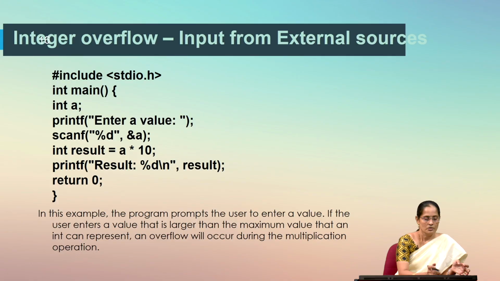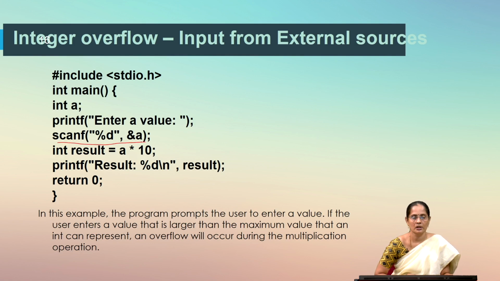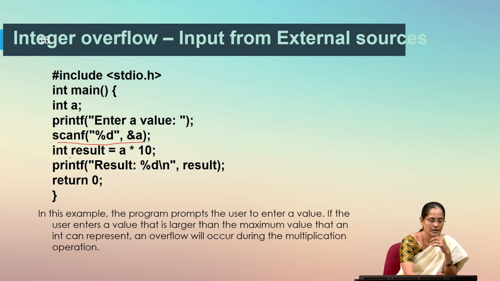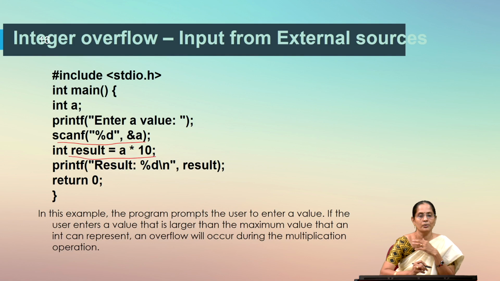Assume that I am trying to read a value from the user using the scanf statement. Using scanf, I read a value from the user and put it into a variable named a, and without even knowing what sort of value the user is going to give as input, the result variable is assigned the computation of a multiplied by 10.